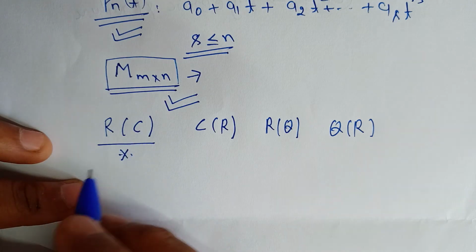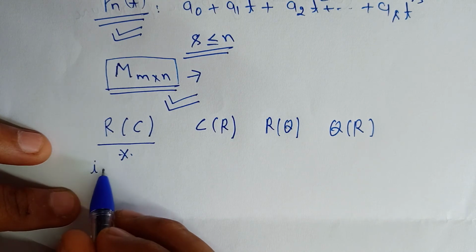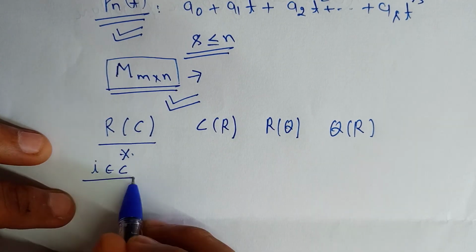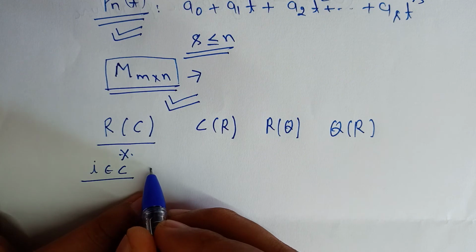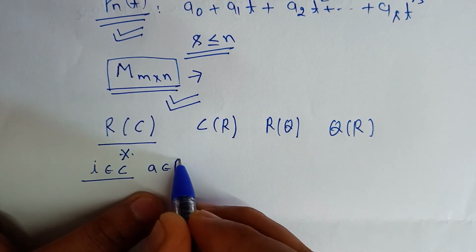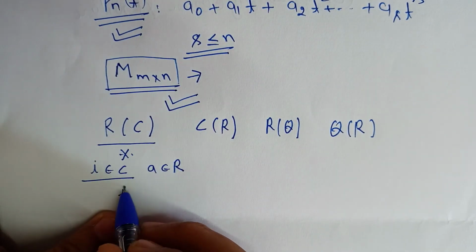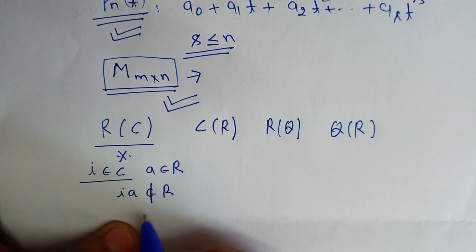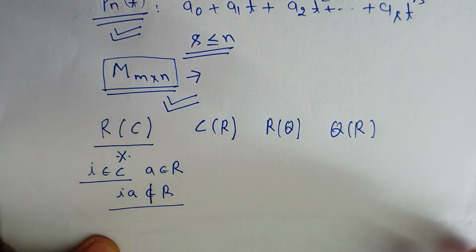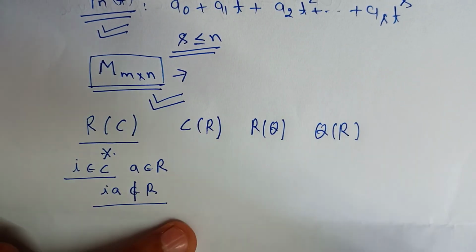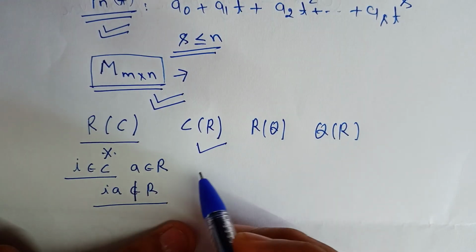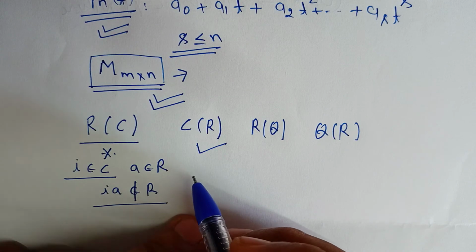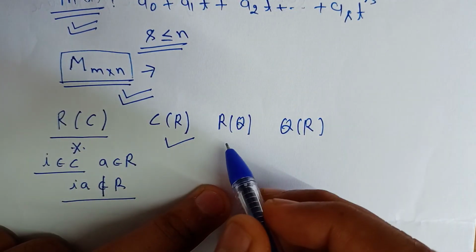If you take any scalar i belonging to C, and any real number a belonging to R, then i times a should belong to R, but it does not belong. So this is not a vector space. C over R is a vector space, there is no problem. What about R over Q?